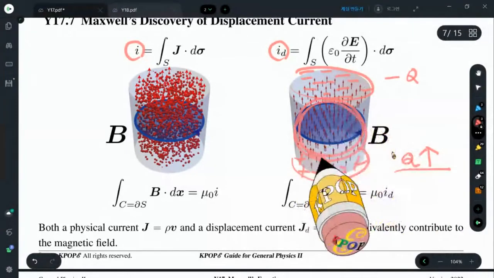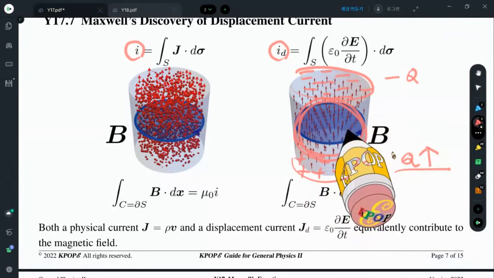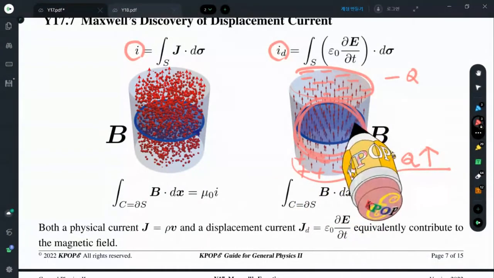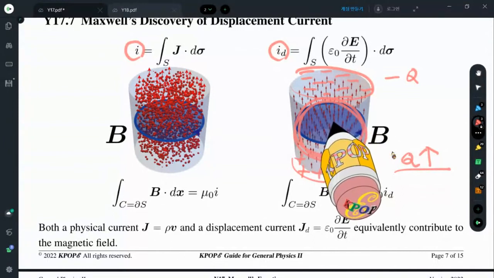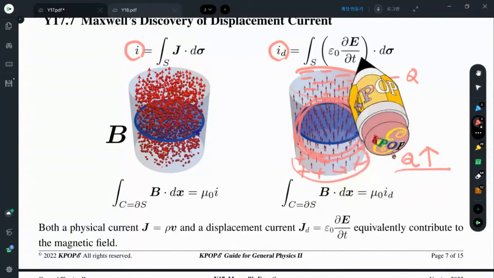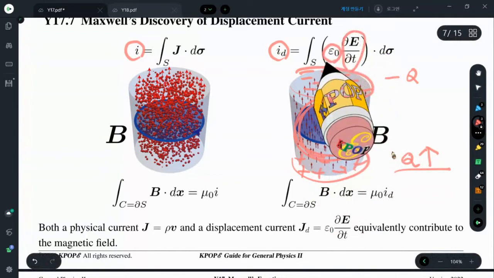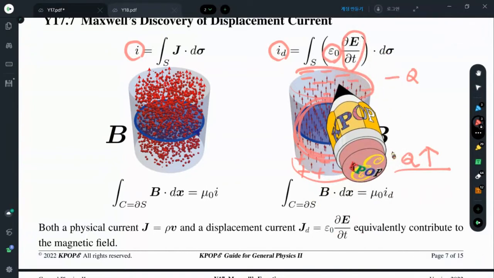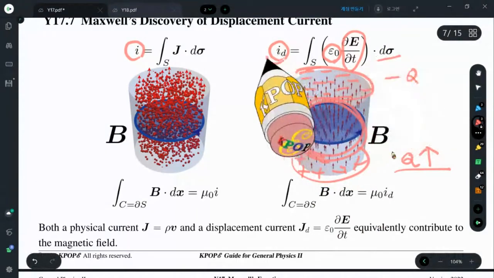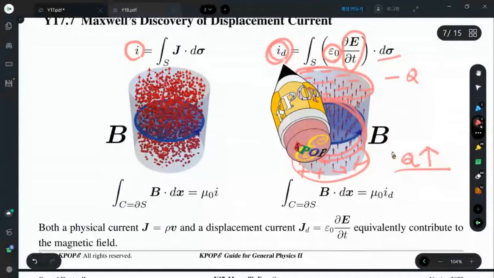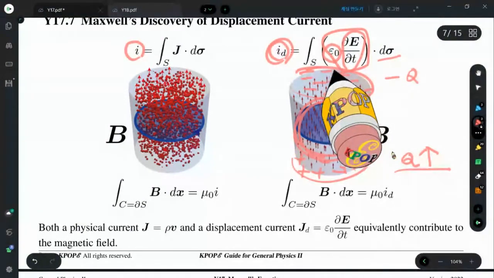Then between the two plates, even though there is no actual motion of electric charge, there is a change in the electric field. The change in the electric field multiplied by the permittivity constant and integrated over the surface is a displacement current, and this is a displacement current density.